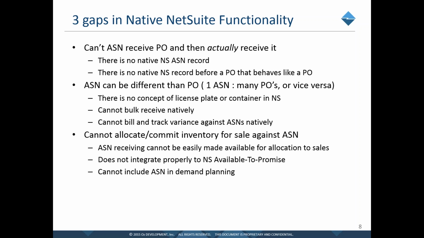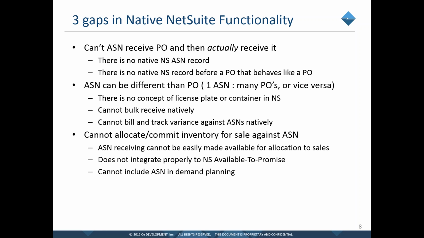On the shipment side, we need a pick or a pack or potentially fulfillment that behaves like a pick or a pack before that actually occurs sometimes, or that has an audit capability to it. So because there's no native record, other than the actual real transaction in NetSuite, that's one of the major gaps that you have to solve when you're thinking about ASNs with NetSuite.